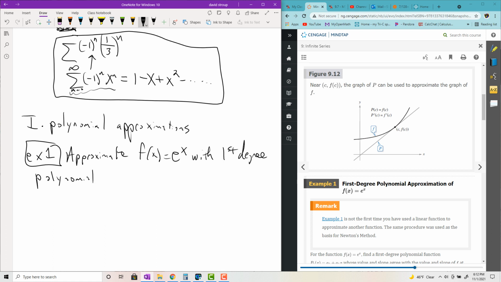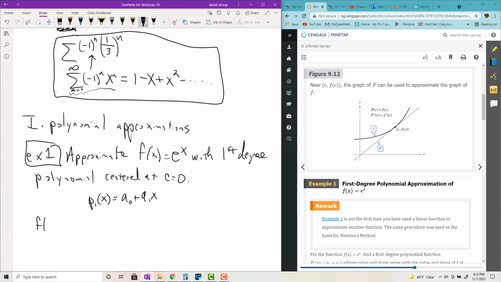Generally we want to begin with some center, so we're going to pick c to equal 0. Our first degree polynomial will be written p sub 1, where the 1 stands for the first degree, of x equals a sub 0 plus a sub 1 x. So it's just your y equals mx plus b form.